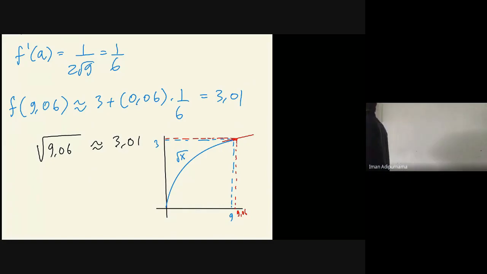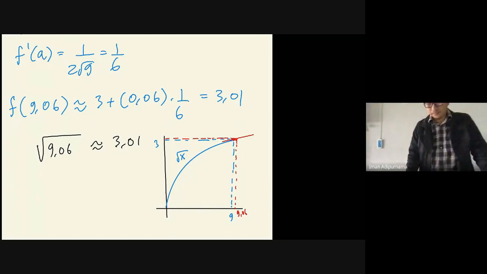So whenever you have problems that involve approximating some value, you can use this linear approximation.